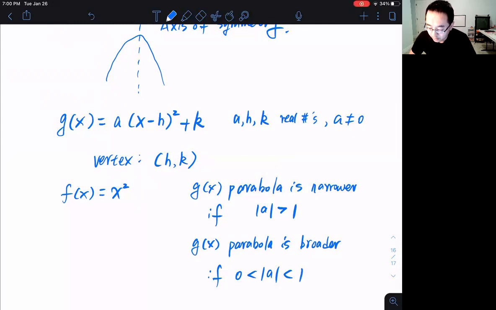Now it will look exactly the same if a equals 1.